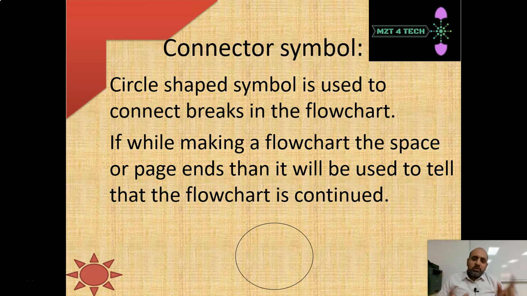So in order to continue the flowchart on another page or on the next page, you have to use a circular shaped symbol to indicate that the flowchart didn't end over here, it is continued somewhere else. Okay? You can also use this circular shaped symbol to connect breaks in the flowchart.